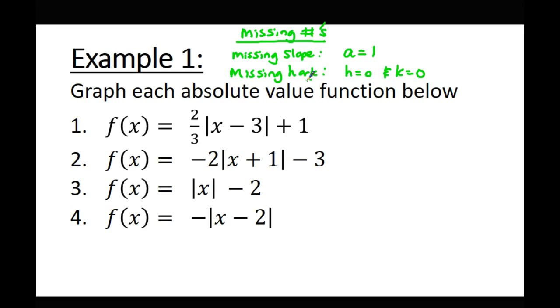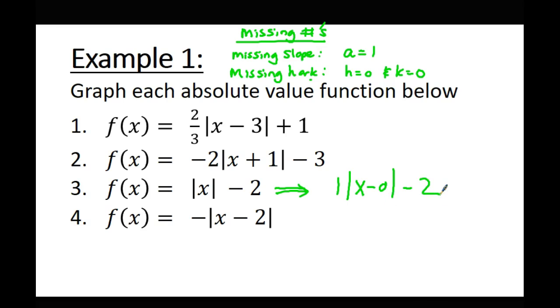So let's go ahead and take a look at this here. What am I missing? My slope? Yes. What else am I missing? We're missing the h, the number that's being added or subtracted. So you don't have to rewrite this. But if it helps, and I think for your notes it might be helpful, fill in the missing numbers.